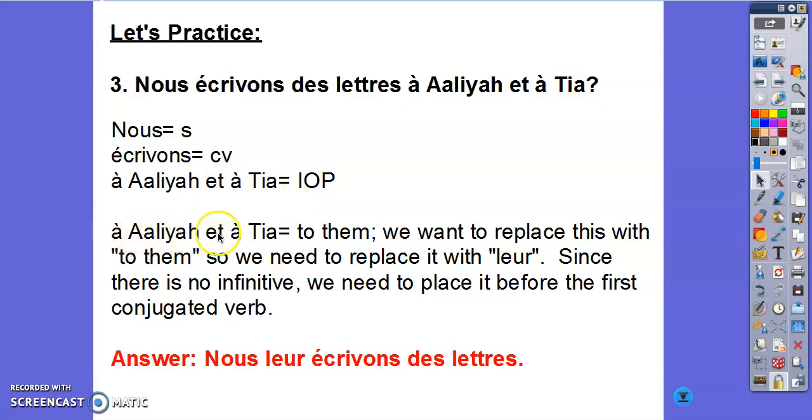So to Alia and to Tia would basically be to them. So in order to replace to them, we have to use leur. Since there is no infinitive in this sentence, we need to place it before our first conjugated verb, which we said was écrivons. So nous leur écrivons des lettres.